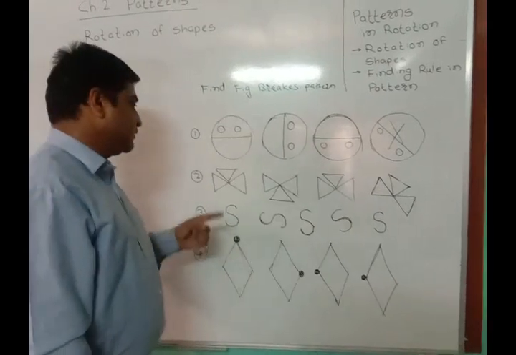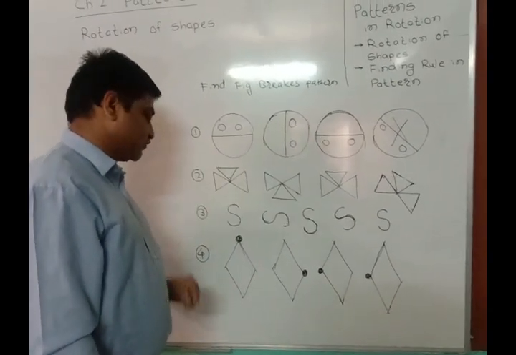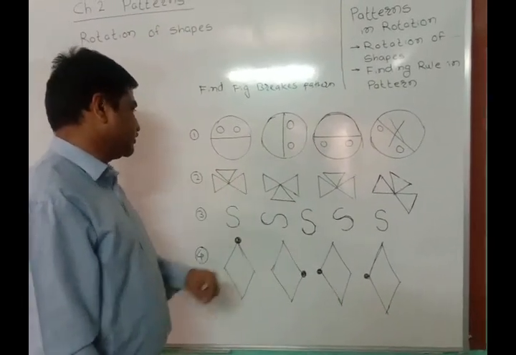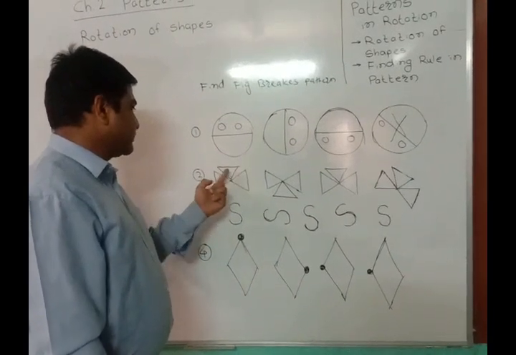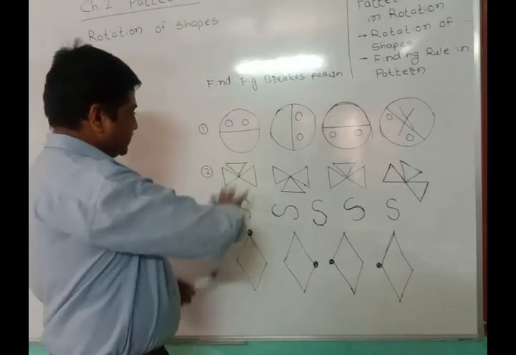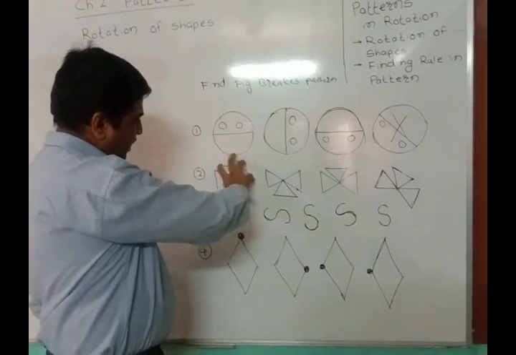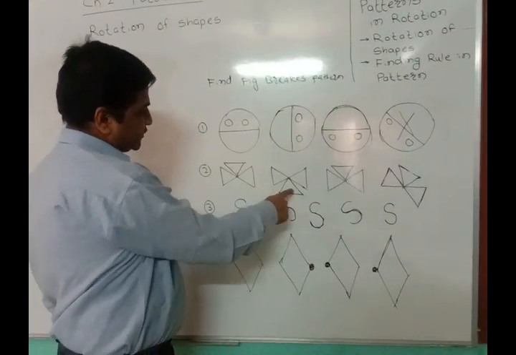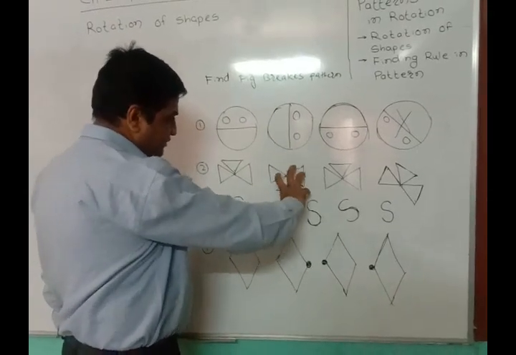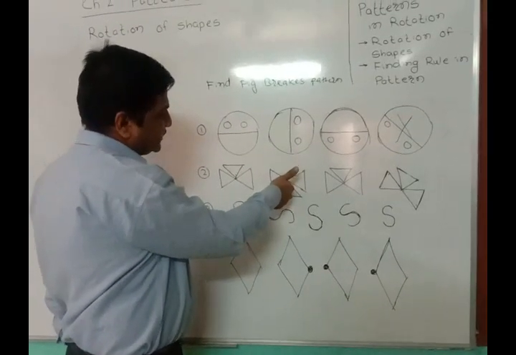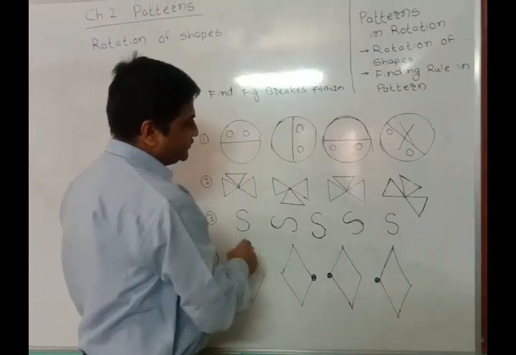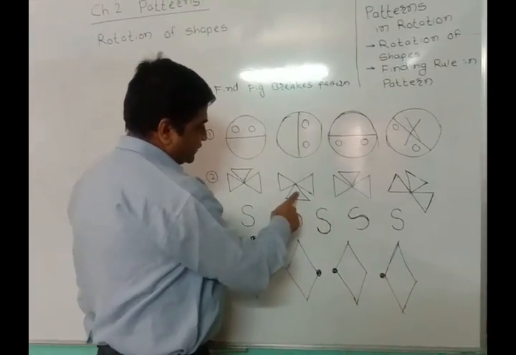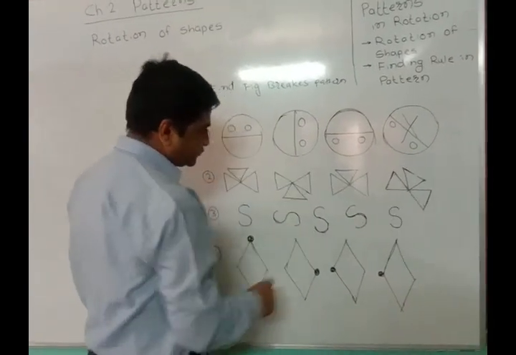Next figure, in which three triangles are attached to each other. You can see that if I turn it through half a turn, 180 degrees, this triangle will be on the downside like this. If I again turn it through 180 degrees in the clockwise direction, the triangle will shift from bottom to up.